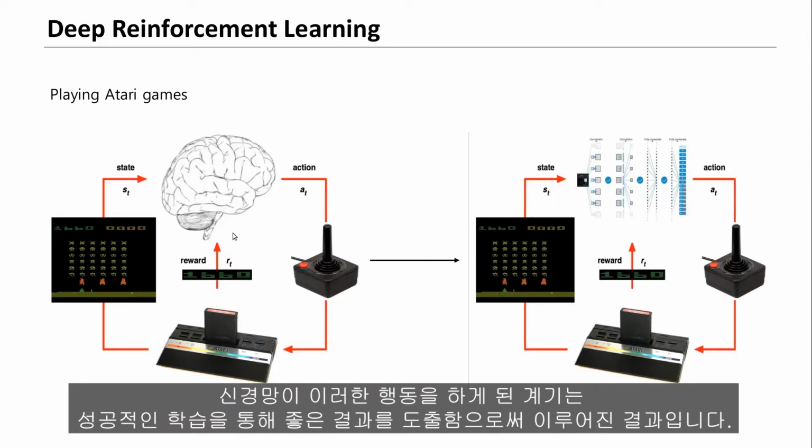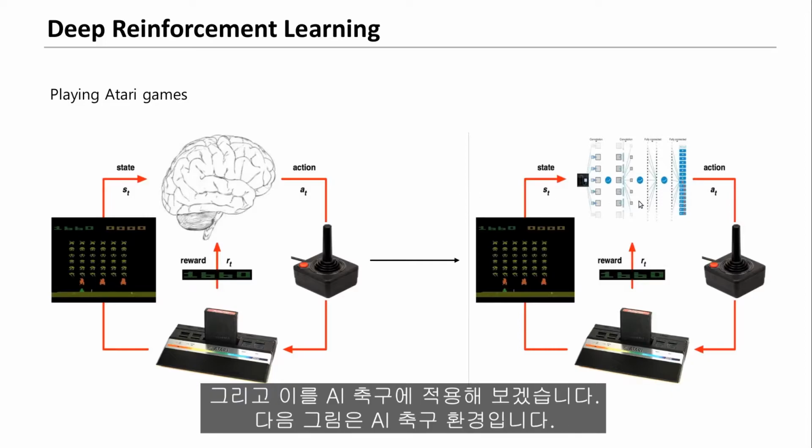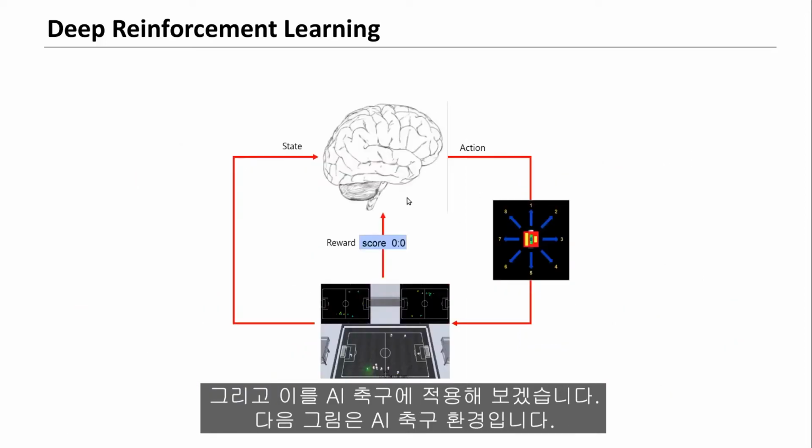What the researchers did to solve that was to put a neural network in charge of choosing the action, and it was trained successfully and achieved really good performance. And we're going to try to do the same for AI soccer.